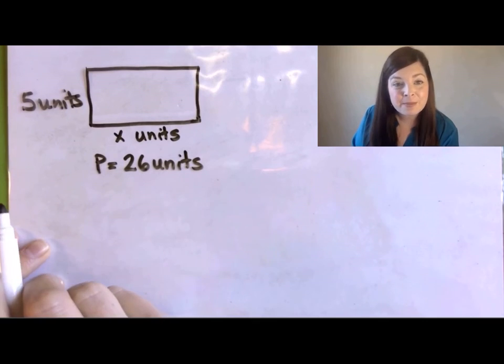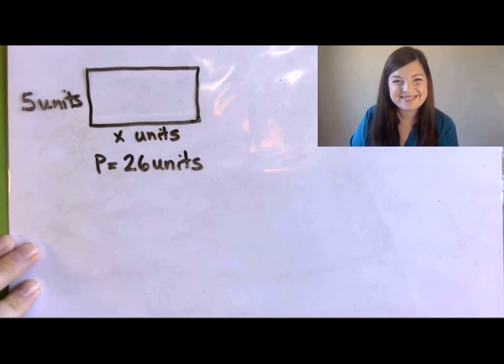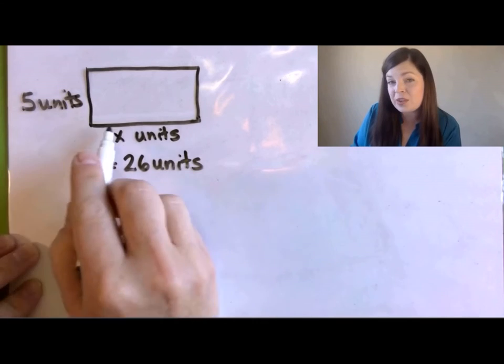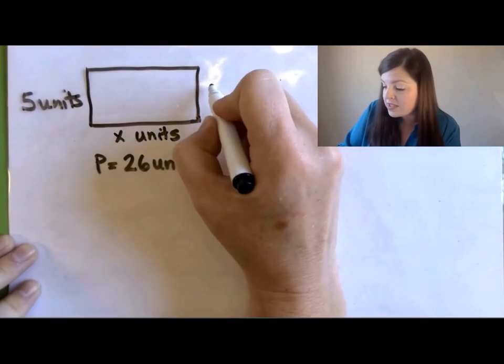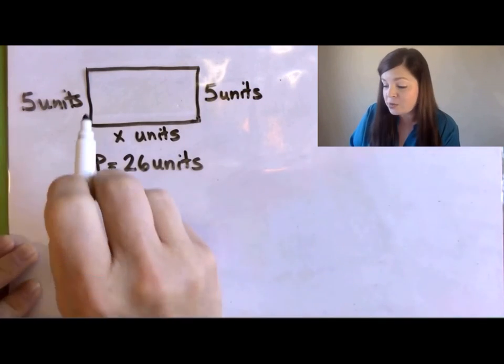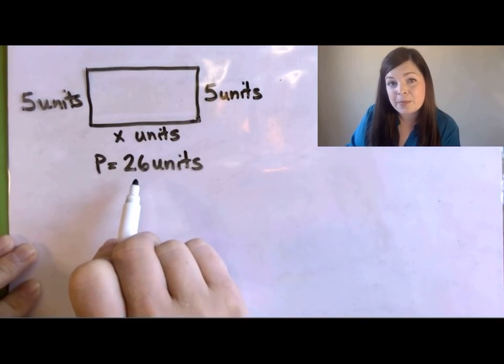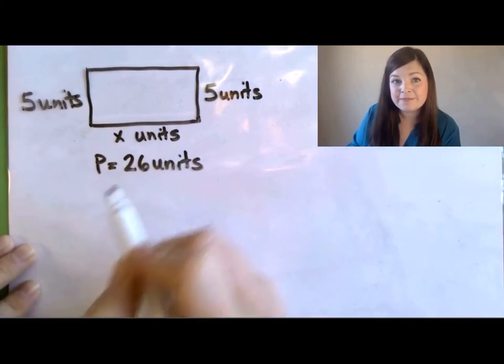How might we determine what the width of this rectangle is? Pause the video to think about it and talk out your thinking. There's more than one way that we could think about how to find the width of this rectangle. One way to think about it is that we know opposite sides are the same length. So if this side is 5 units long, then this side is also 5 units long. If we subtract these two lengths from the perimeter, then that will give us the sum of the other two sides.